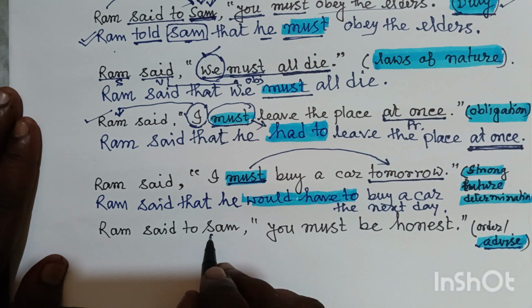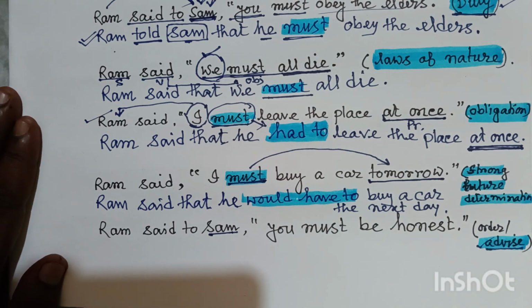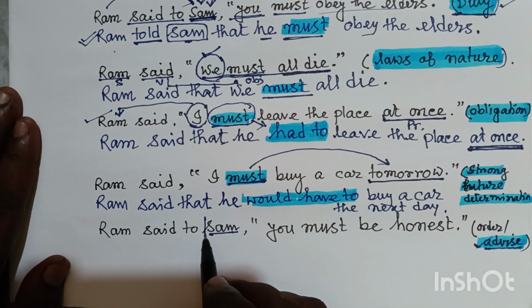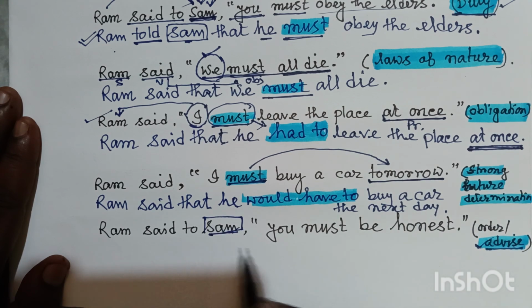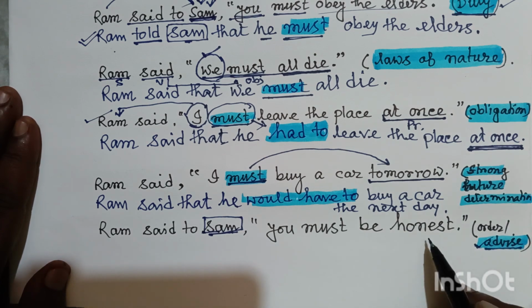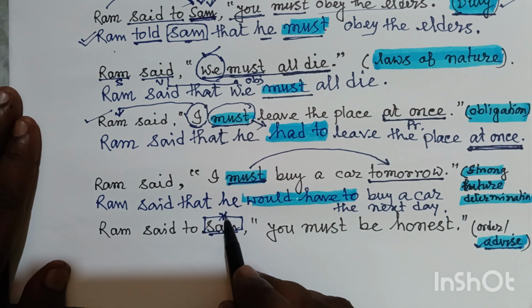But the listener, Sam, will he do it or not, that is not quite clear. Sam can take this advice or not. That means Sam is not obliged to do something. Sam is not bound to do this activity. Sam may be dishonest. It is entirely dependent upon Sam.